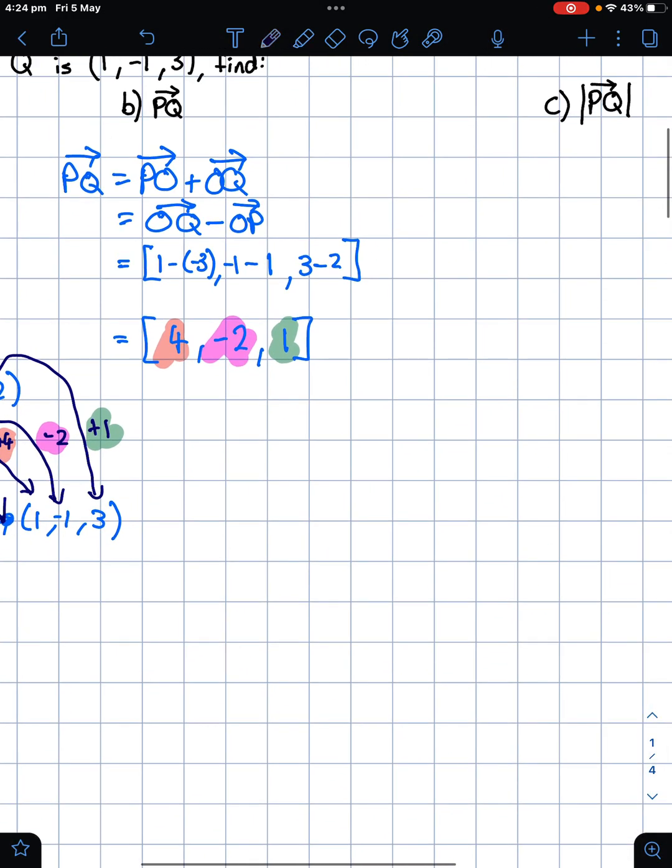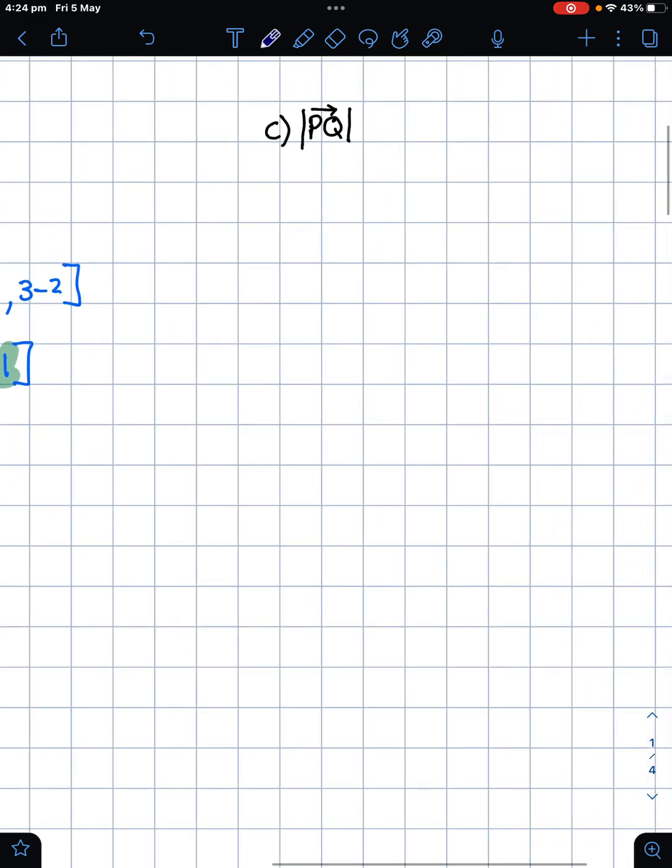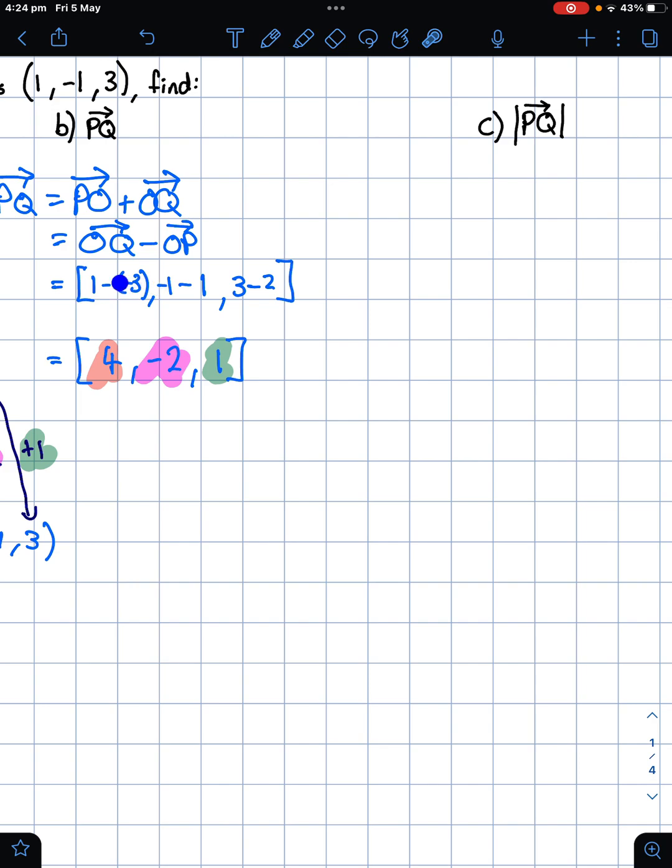So a quick way to do these, final one is the modulus of these, so we could put this sum in here, but we've actually calculated the values, we may as well do it.